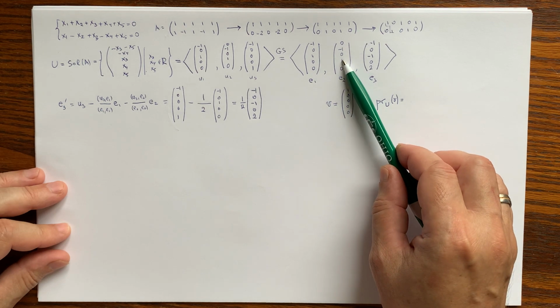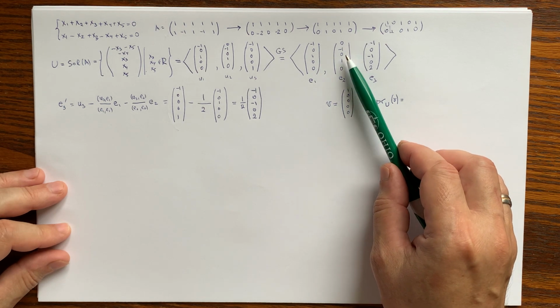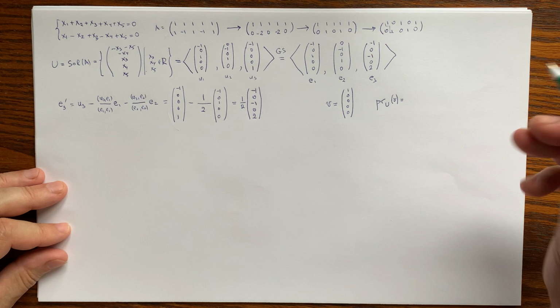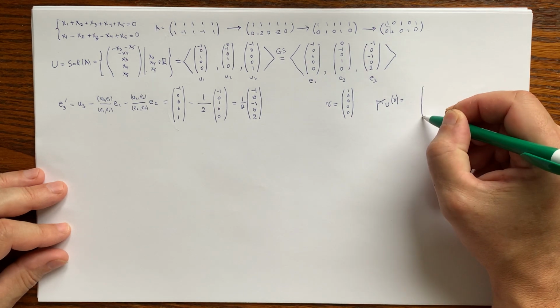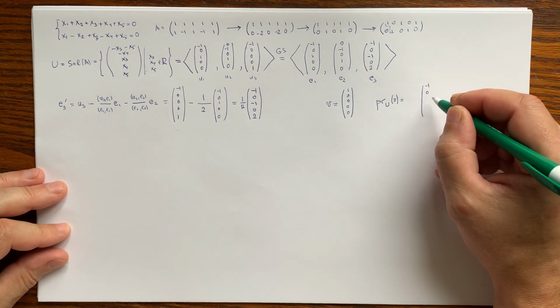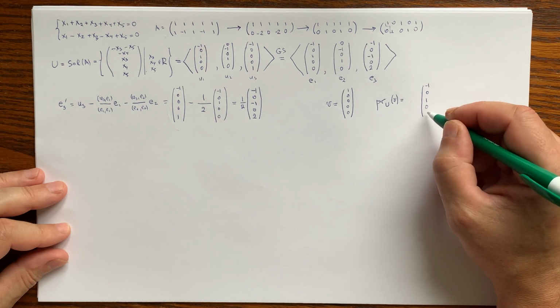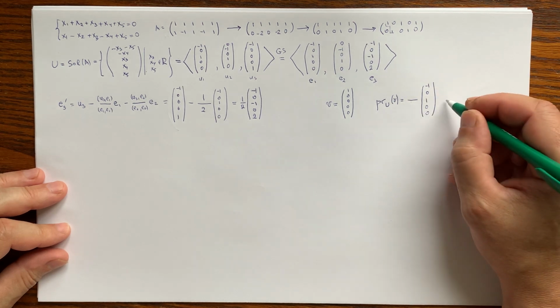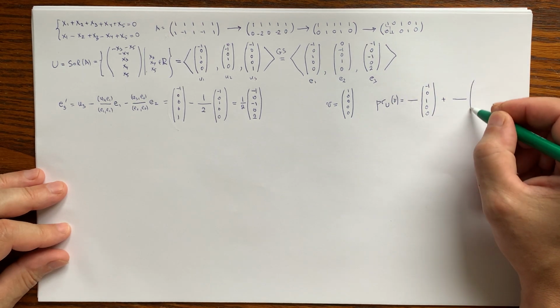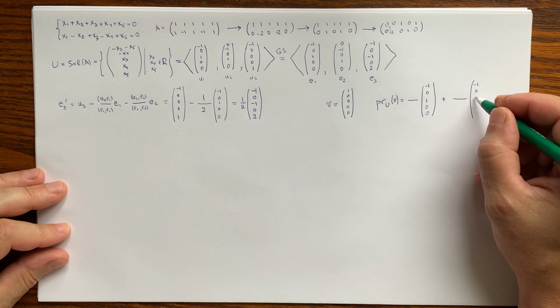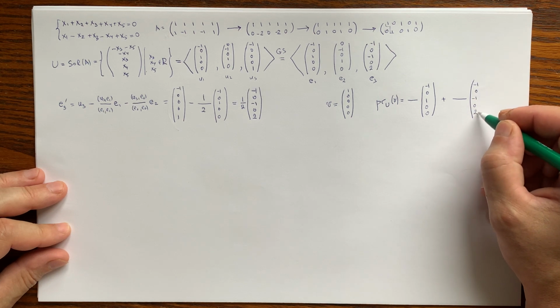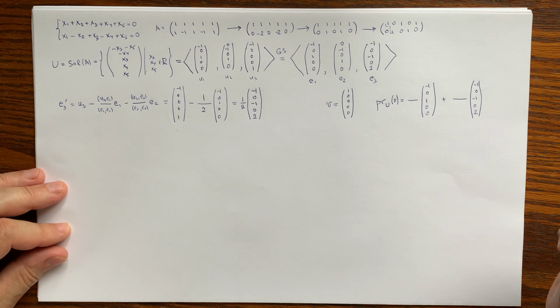The scalar product, when we compute the second projection, is going to be 0. So we only need to look at how many copies of this vector we are going to have, and then how many copies of the last vector we are going to have, and that is going to be it.